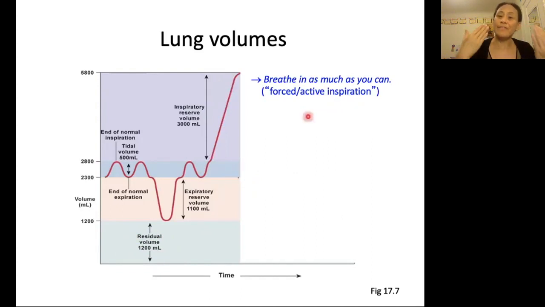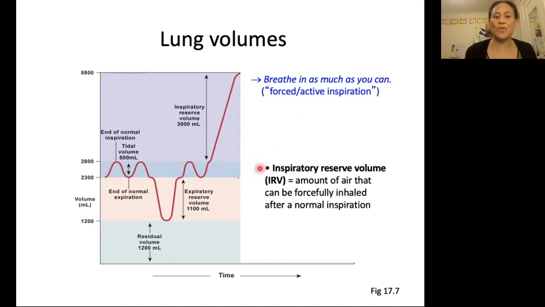The volume that you just breathed in is called the inspiratory reserve volume, or IRV. That's the amount of air that can be forcefully inhaled after a normal inspiration, and as you can see from the graph, it's about 3 liters, 300 milliliters.